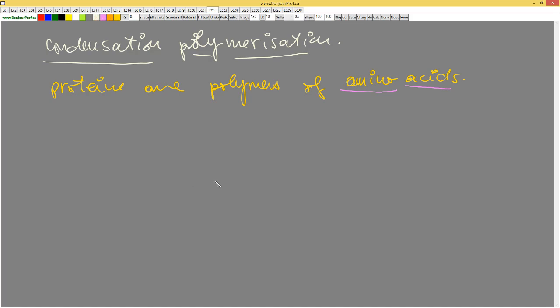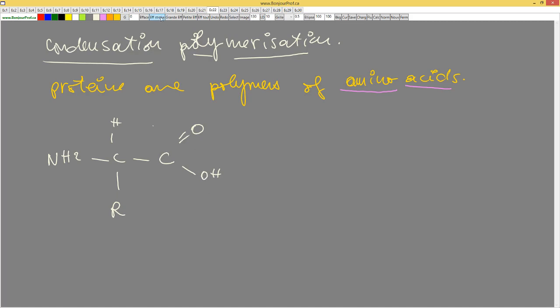Normally it will be like that. C, I will have the function of acid, OH. This one will be bound to another C. I will have H, and I will have a function of the amine, NH2, and this one will be bound to anything, an R. So this is the group of the amine, NH2, and we have the group of the acid, O and OH.